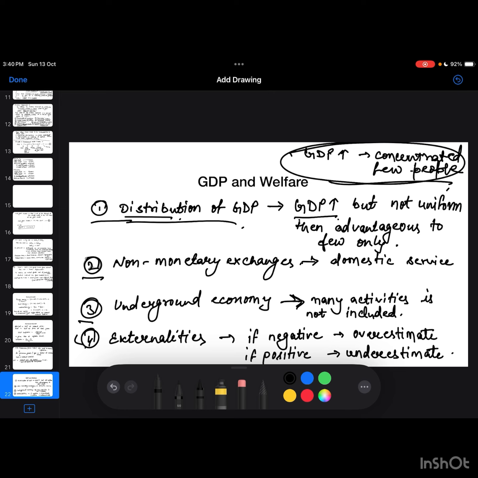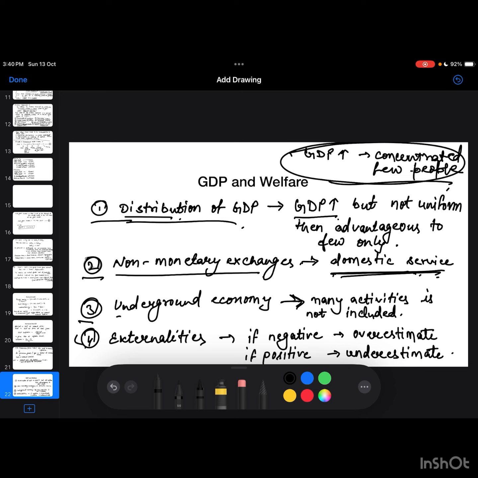Now also there are many non-monetary exchanges like domestic services that women provide, but they do not get paid in exchange. So these services are also not added to the GDP. That also provides an underestimation of the GDP.